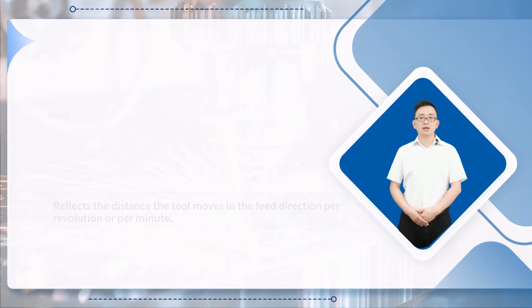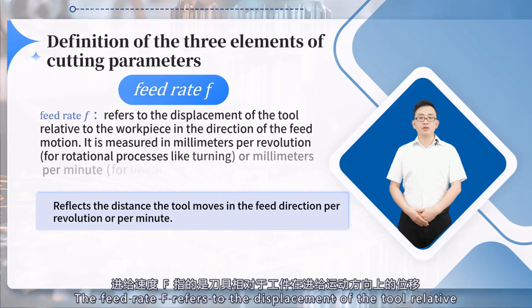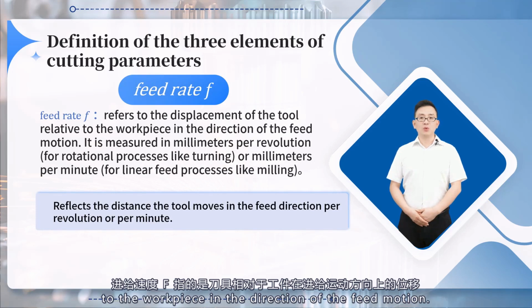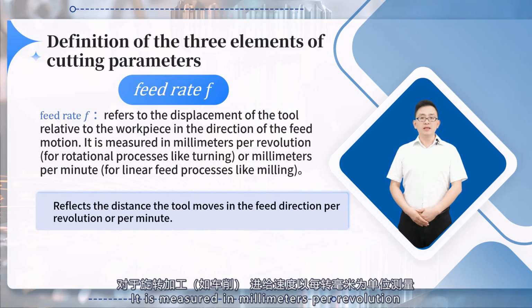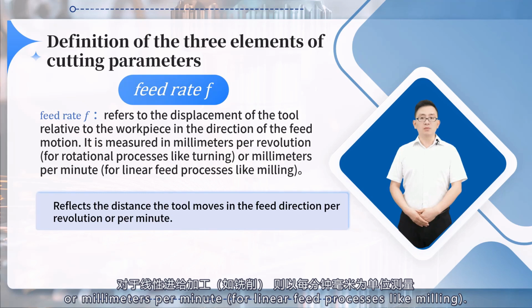rotational speed. The feed rate F refers to the displacement of the tool relative to the workpiece in the direction of the feed motion. It is measured in millimeters per revolution for rotational processes like turning, or millimeters per minute for linear feed processes like milling.